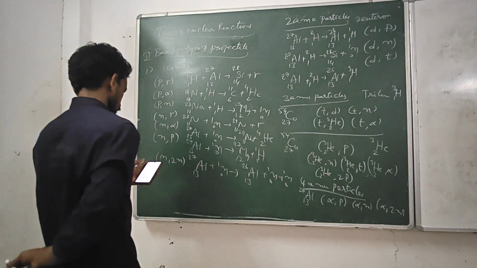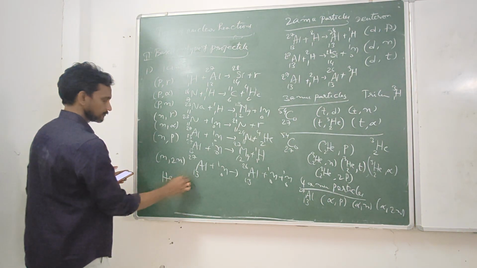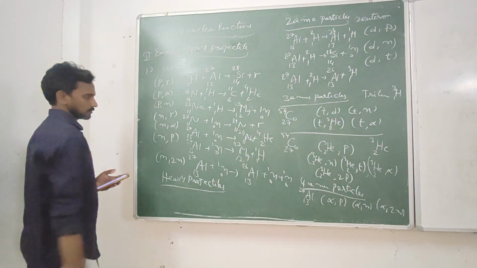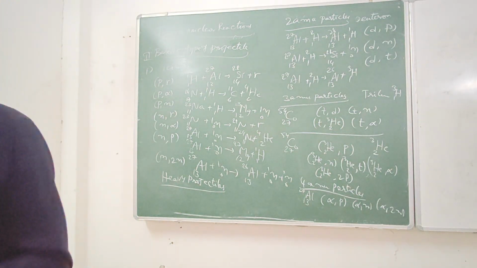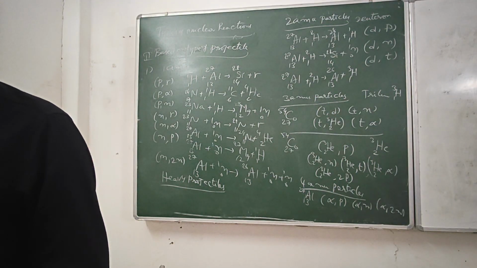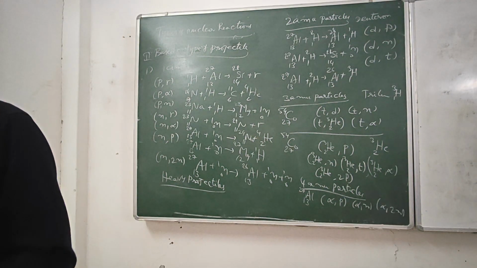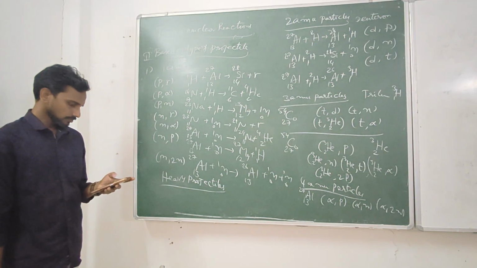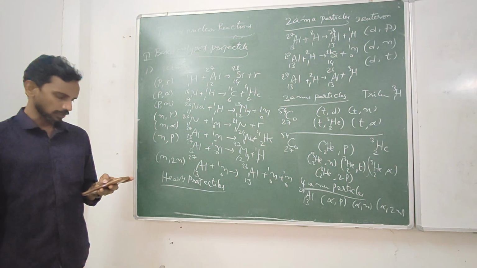So now other one is heavy projectiles. So earlier we have seen already. What was that? Heavy ion reactions. Aluminum plus nitrogen gives you oxygen plus magnesium. So heavy projectile, and reactions by gamma is already seen.